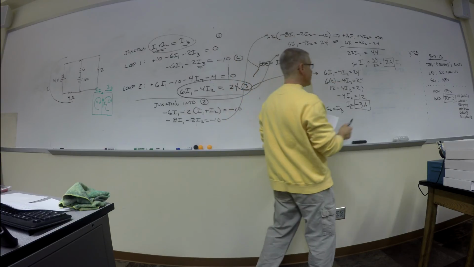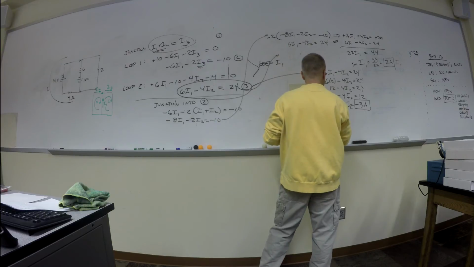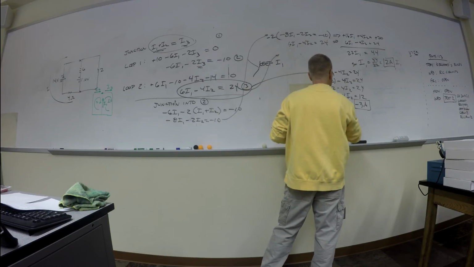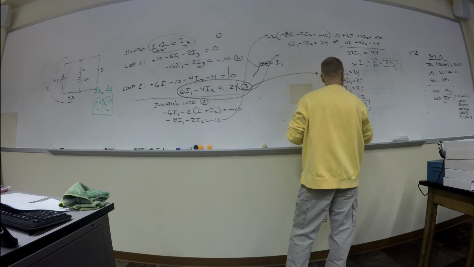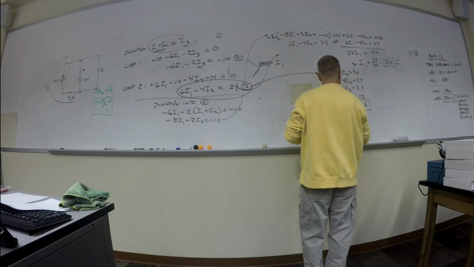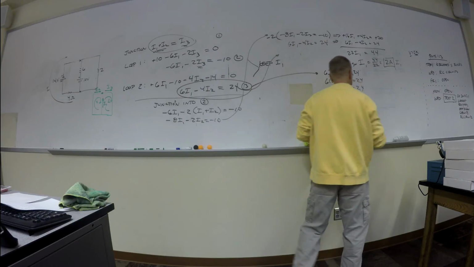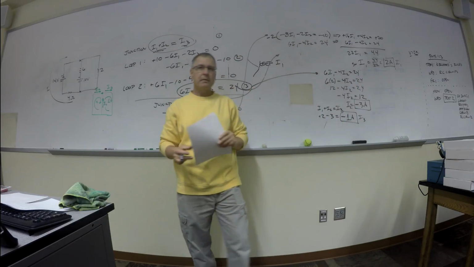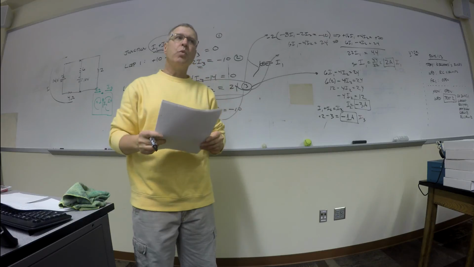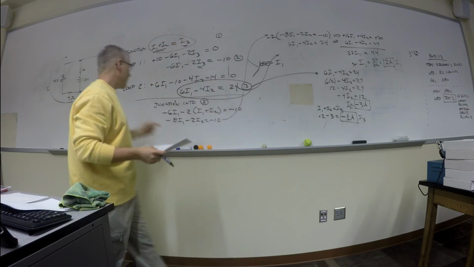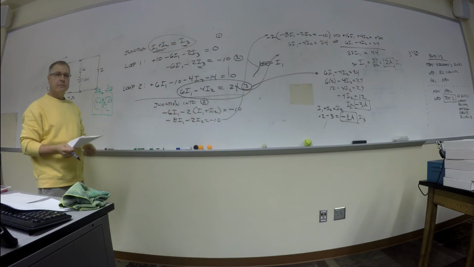In other words, when I add these up, I1 was a plus 2 amps. This was a minus 3 amps. And that says that I3 is this. So what does that mean? I3 is 1 amp. But we guessed that one wrong too. Oh well.